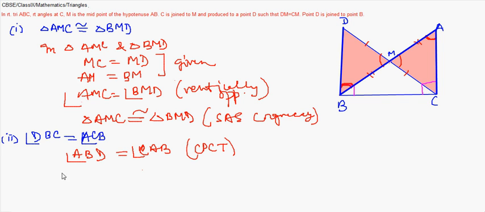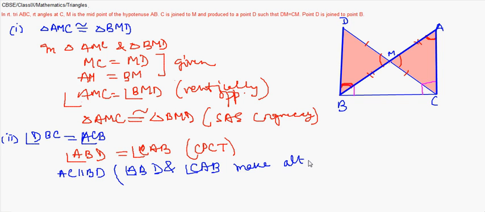Here you can write AC is parallel to BD, and in the bracket you can write angle ABD and angle CAB make alternate angles on AC and BD, as AB is a transversal.